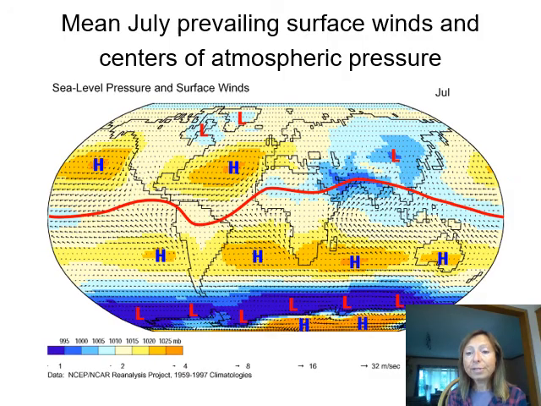The run of the seasons caused by rotation of the Earth and the tilt of its axis causes the difference of these atmospheric systems and convection cells between winter and summer. As you can see, in mid-July, the prevailing surface winds and the center of atmospheric pressure are shifted to the north. The intertropical convergence zone, the zone of low pressure that forms over the equator, is moving northward.